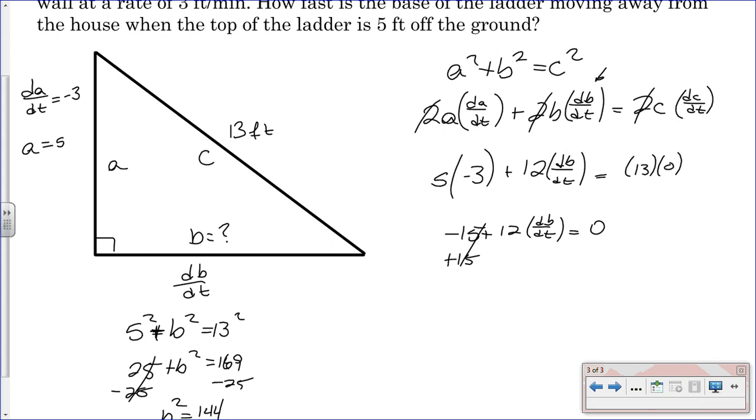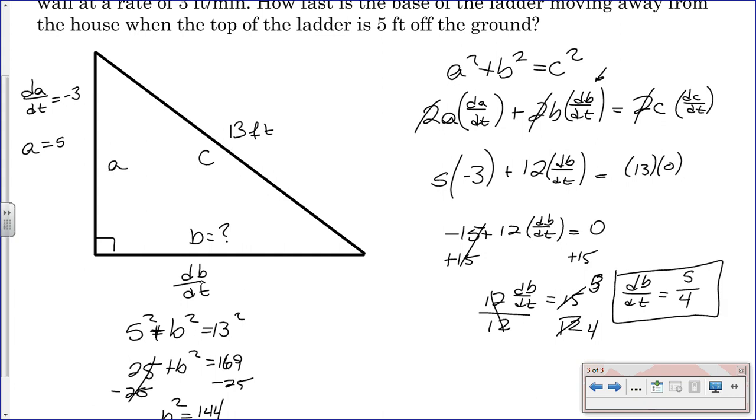Add 15 to both sides: 12 dB dt equals 15. Divide off the 12. So dB over dt equals 15 over 12, which you can pull a 3 out of, giving you 5 over 4. So dB dt equals 5 fourths.